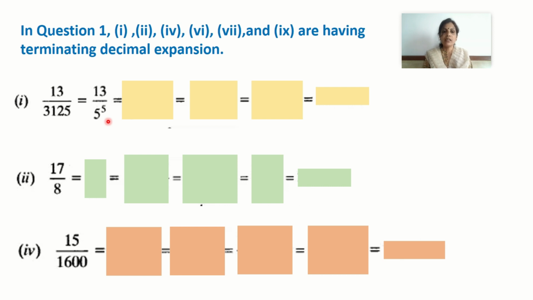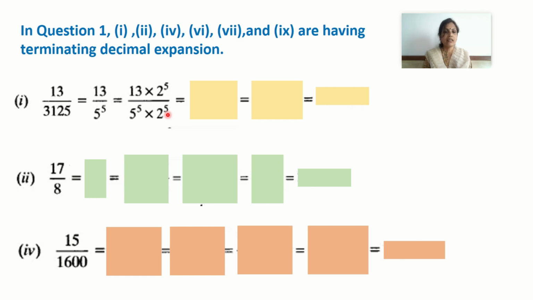So I can write it like this. I can multiply and divide the given number by 2 raised to 5. That is not going to change my original number. I have multiplied the numerator by 2 raised to 5 and multiplied the denominator by 2 raised to 5. So why have I done it? Because if you see the number at the denominator, the powers of both the numbers are the same, 5 raised to 5 and 2 raised to 5. So I can multiply these two numbers: 5 into 2 is 10, and give the common power to that number 10.